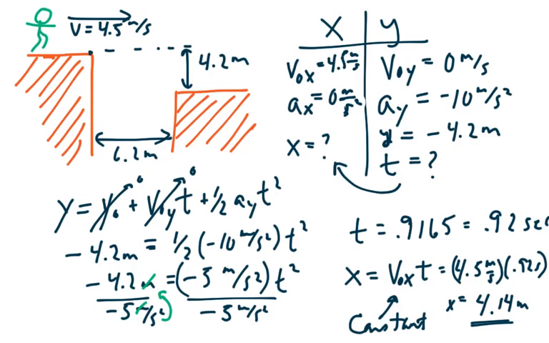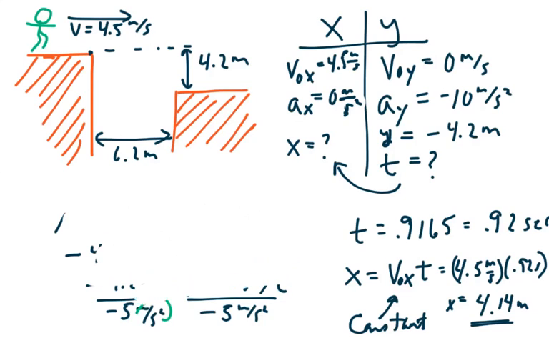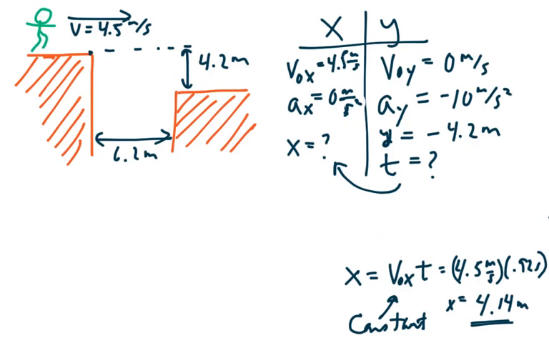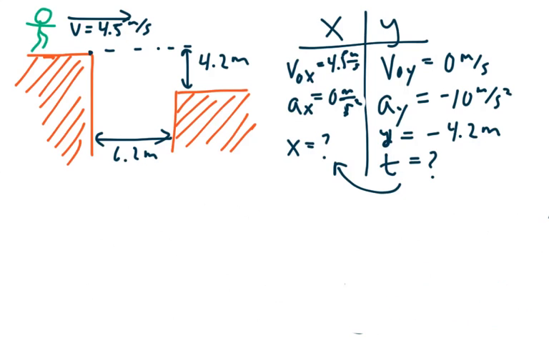I'm going to erase all this stuff here and make this into a new problem. Instead I'm going to cross out this Vx and erase this x displacement, and put a question mark for the velocity. Let's actually use that x displacement.